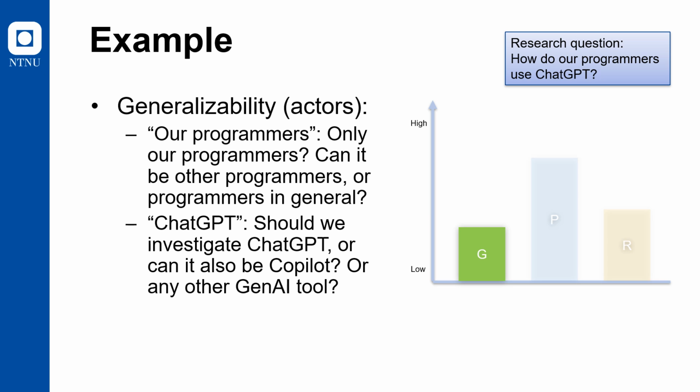The second actor is ChatGPT. Is there a reason you want to investigate ChatGPT in particular? Why not other similar tools such as Copilot? Or why not any generative AI tool? Your answer to these questions might have an impact on your research question, and you might want to reformulate it.